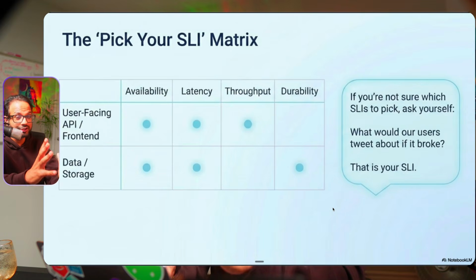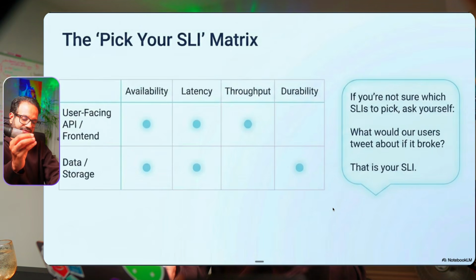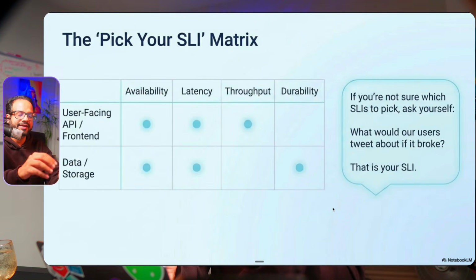So if you are not sure which SLI to pick, you should be asking, if your service broke today, what would your users be tweeting about? And that is your SLI, right? So you might have seen tweets across X where users are complaining, okay, AWS is down today or this is down today. So that comes under availability.